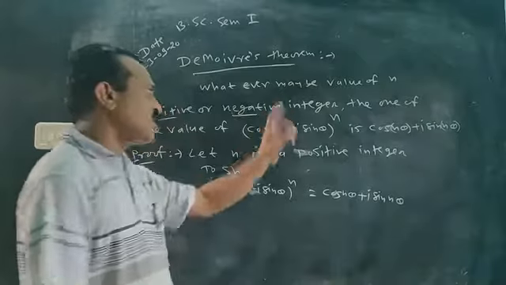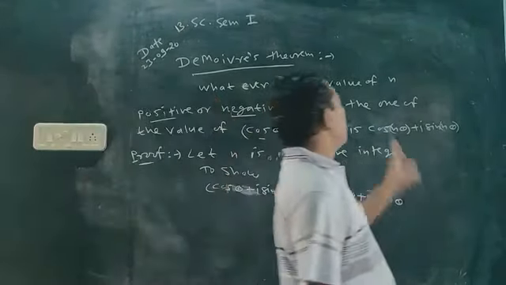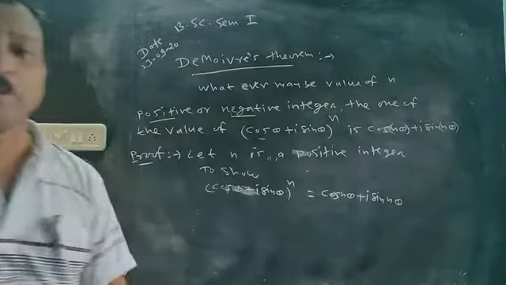Even though the statement says one of the values of this is this one, that means it equals. So this equals this, and we have to show this in both cases, positive case and negative case.